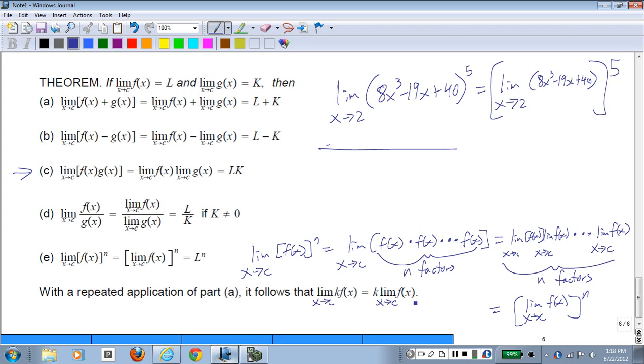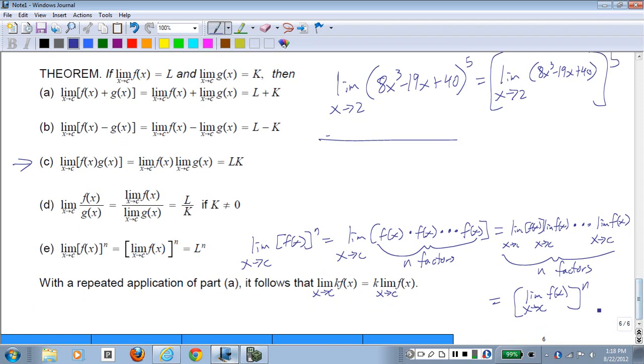It's a constant factor. And you can kind of see this if we believe the limit of a sum is equal to the sum of the limits. Suppose we have, and here I'm kind of assuming k is a whole number for simplicity, the limit of k times f of x as x approaches c.